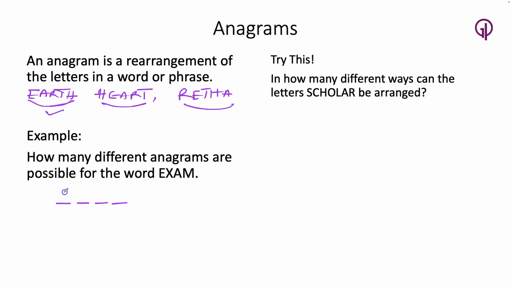If you decide to put one of the letters here, it means, because the letters do not repeat, you have three choices left. So you have three choices which can go into the next slot. Now if two slots are gone, now you have two letters for this third slot. So you put 2 here, and then finally you put the last slot, and then we multiply all our choices. And this is 4 factorial, which is 24.